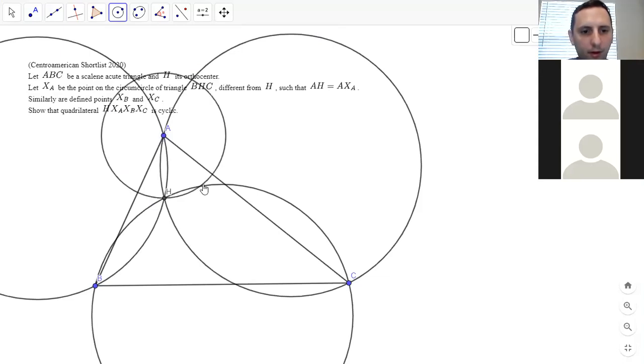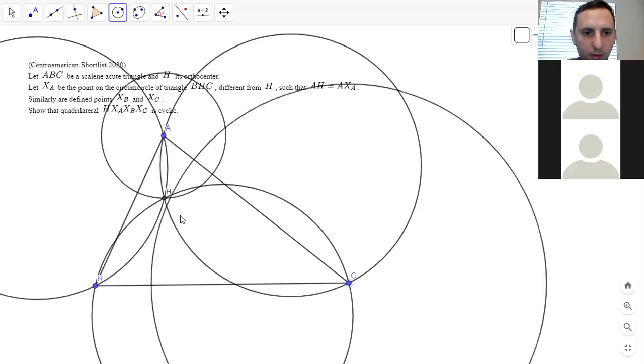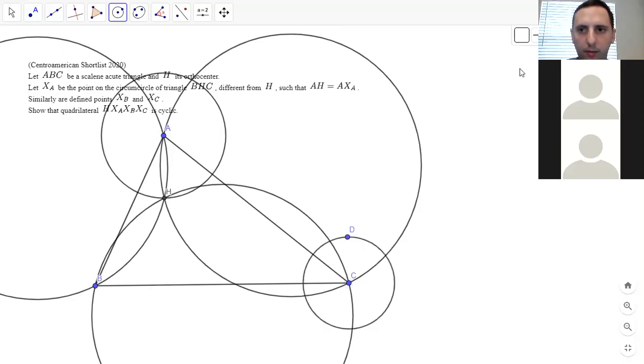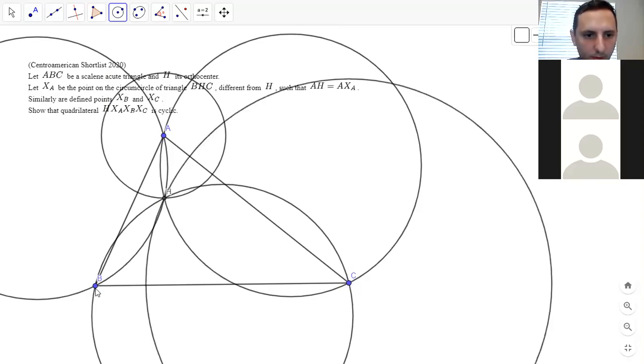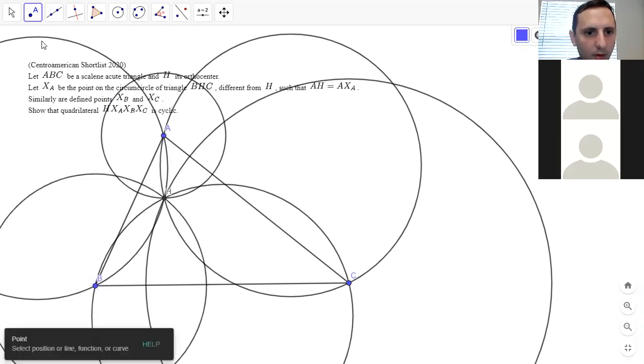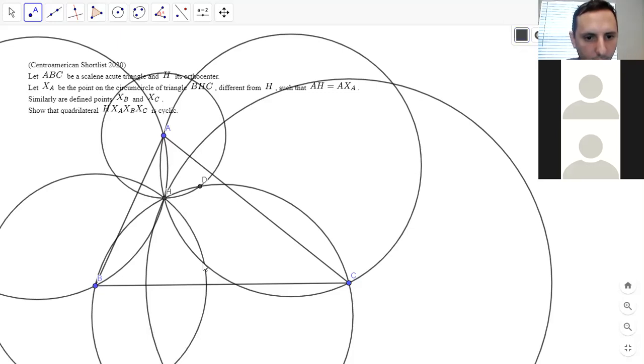I don't think that's the Humpty point, no. So let me draw CH and BH. So this point, and this point.